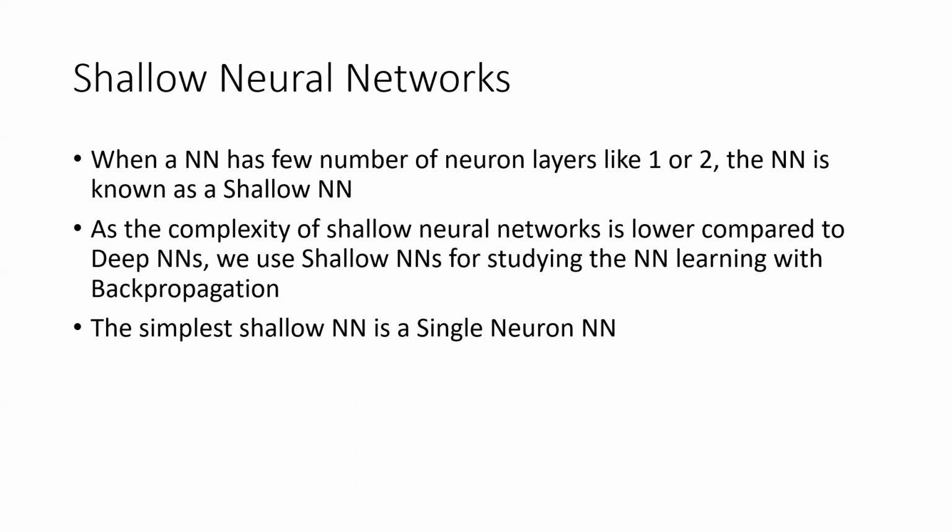When the number of layers is higher, that is known as a deeper neural network. So we are going to discuss smaller, shallower neural networks first so that we can understand the learning principle, and then we will move to deeper neural networks later.